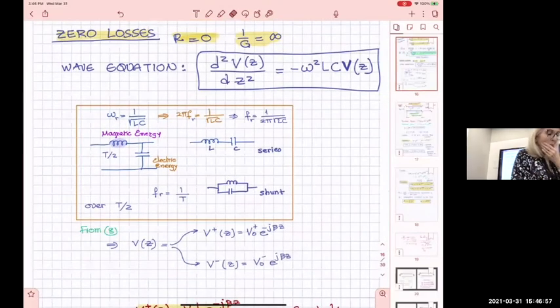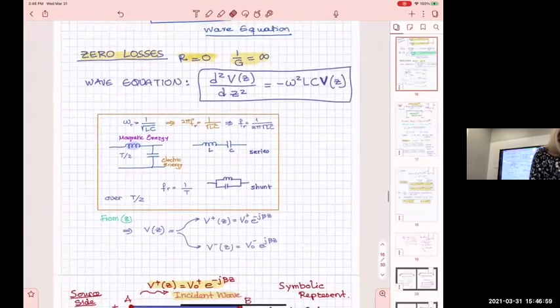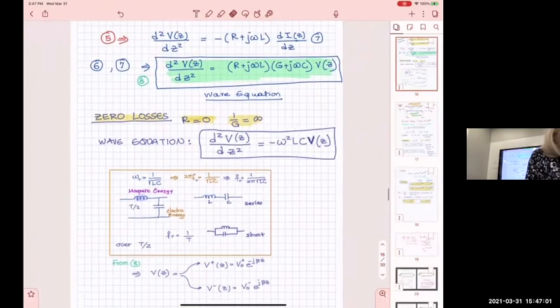Now, this is our expression. The full equation has R and G in it, so it's a second order differential equation for the voltage with losses.